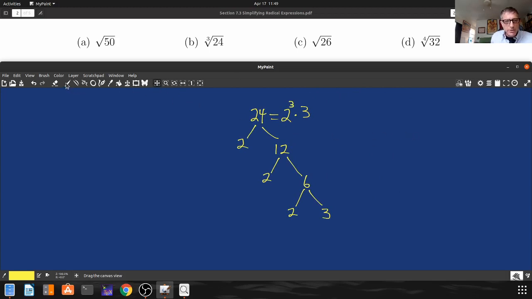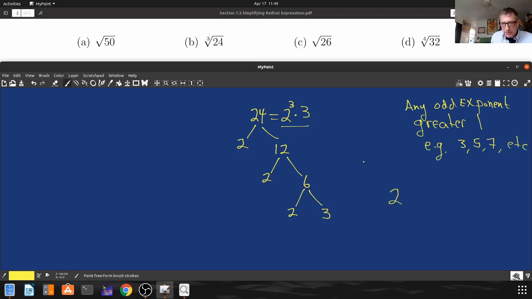So what we want to do is any odd exponent greater than 1. So this only applies to odd exponents greater than 1. For example, 3, 5, 7, etc. So let's look at my factorization right here.